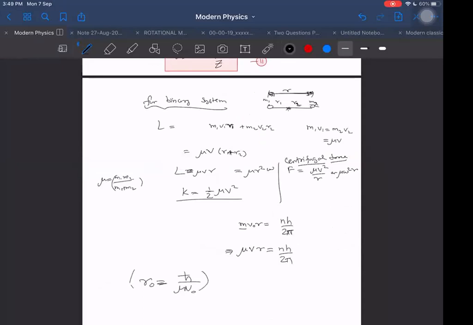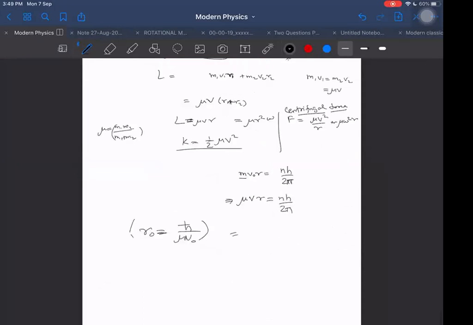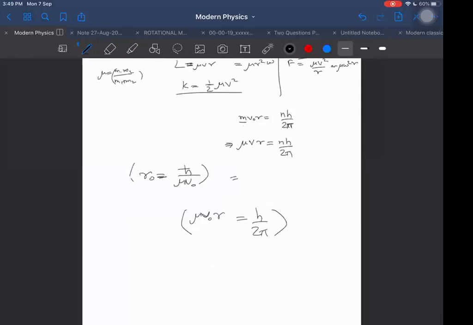Or I can say nh upon 2 pi will be equal to mu into v relative into r; if h is 1, n is 1, mu into v naught into r. That is how it will be. Okay.